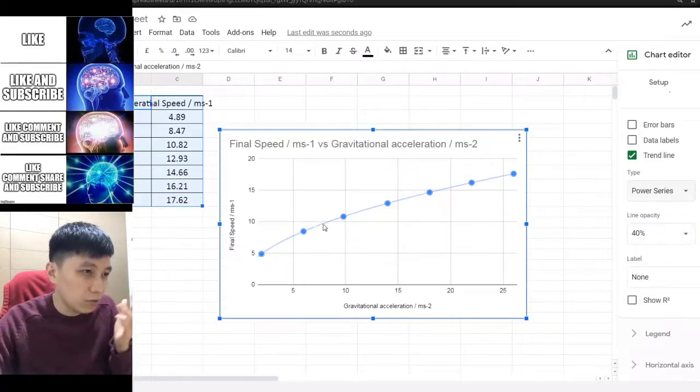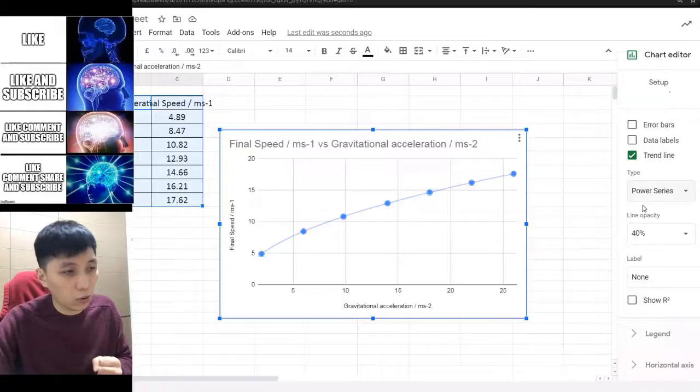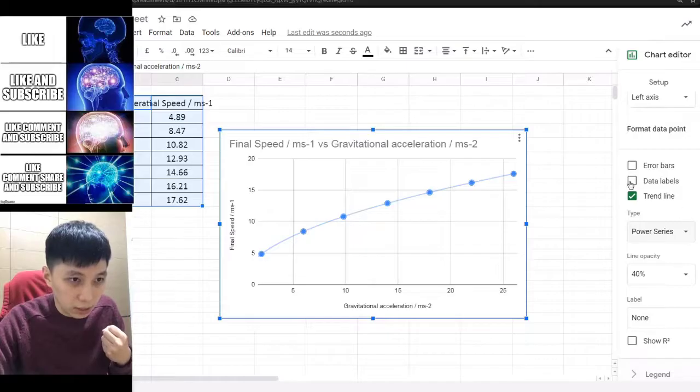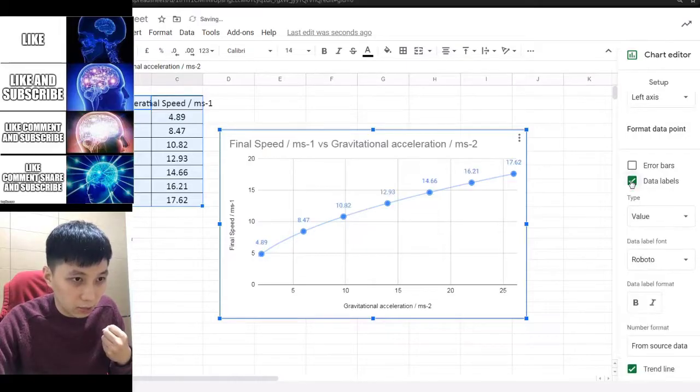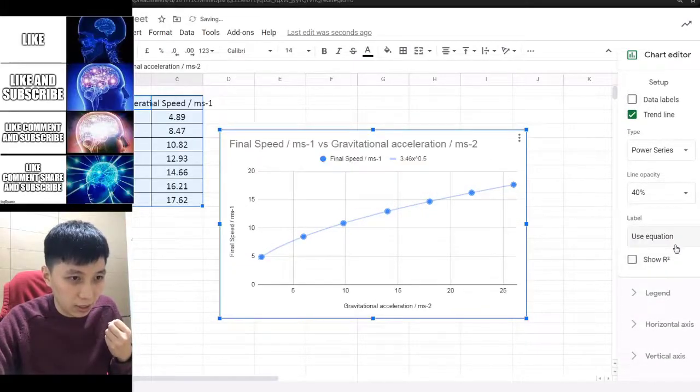Using this, you can see the line really passes through all the points. The most important thing is you also need to show the equation itself, because that's what I asked you in the worksheet. So click this one. No, not this one, sorry. This one, label, and use equation.